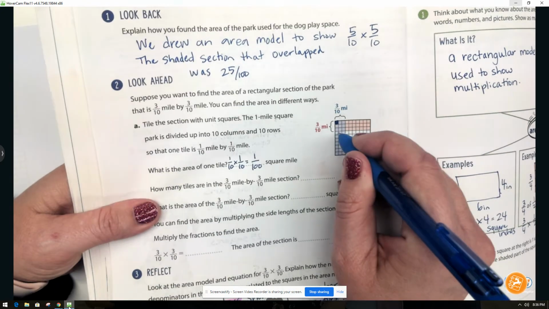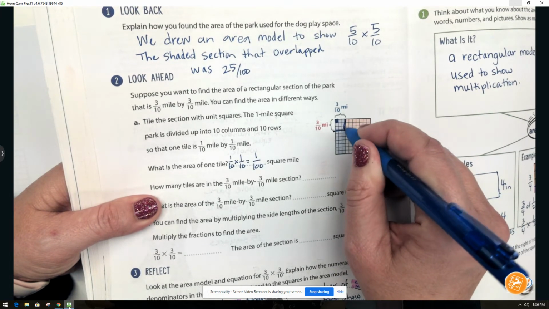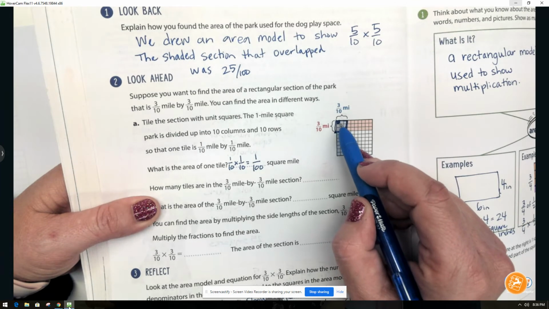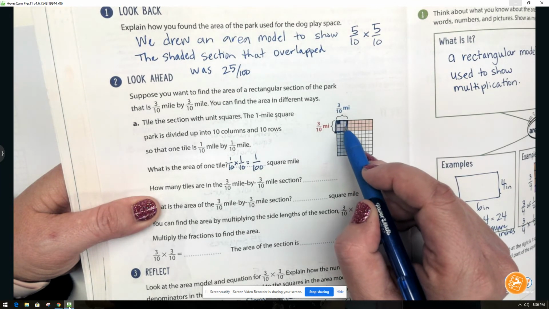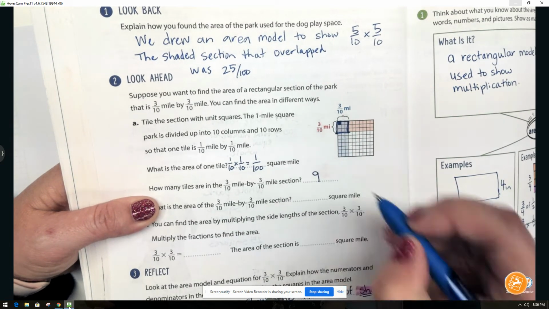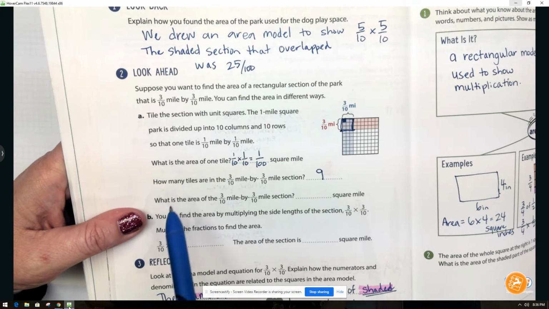How many are in here? We have 1, 2, 3, 4, 5, 6, 7, 8, 9. There are 9 in the 3/10 of a mile by 3/10 of a mile section.